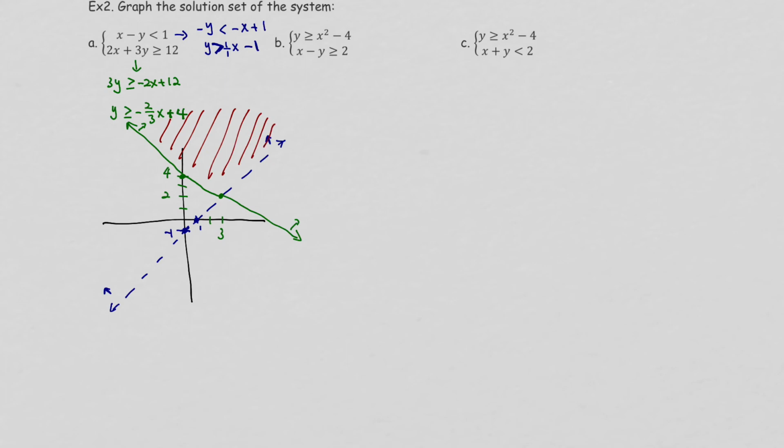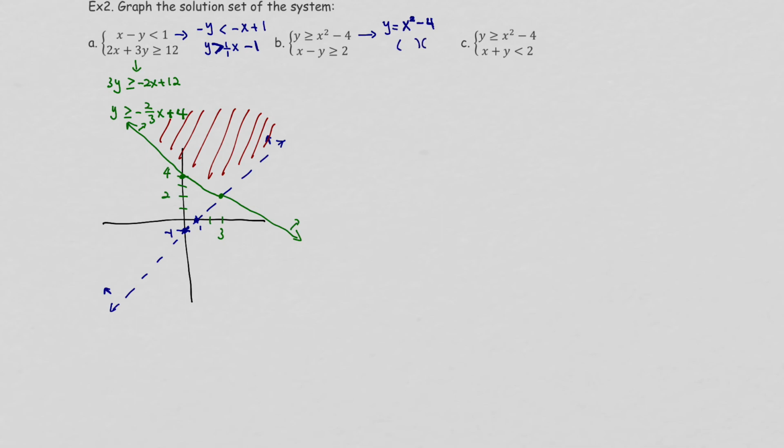Let's see if I can do B. So my B, I will do quadratic. This is a quadratic inequality. So the graph is going to be a parabola. My parabola, the equation will be that. It means the standard parabola goes down 4 units.